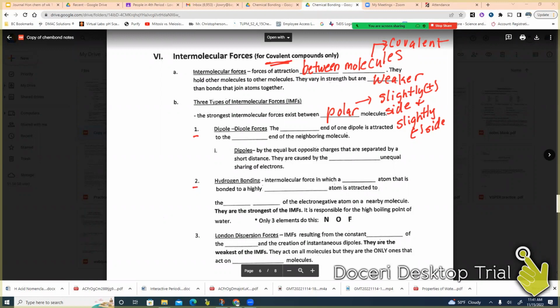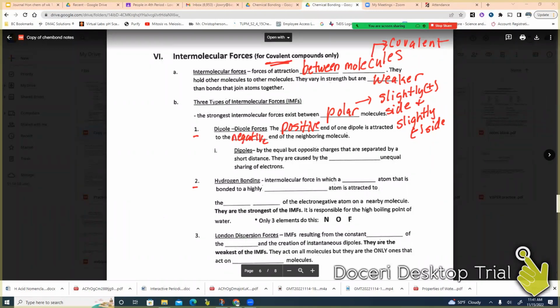So the dipole-dipole force is when the positive end of one dipole is attracted to the negative end of the neighboring molecule. So anytime you have positive, negative, they're going to line up. They're going to be alternating charges, so plus minus is going to be together.